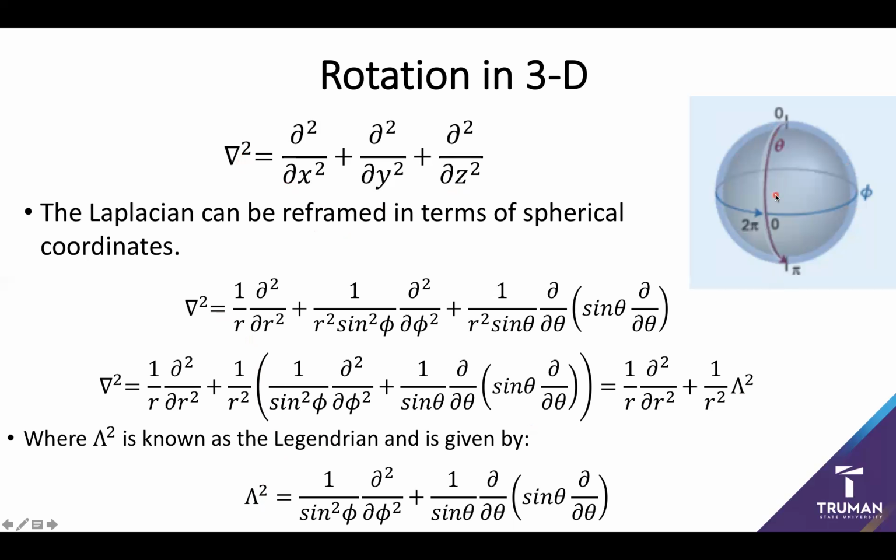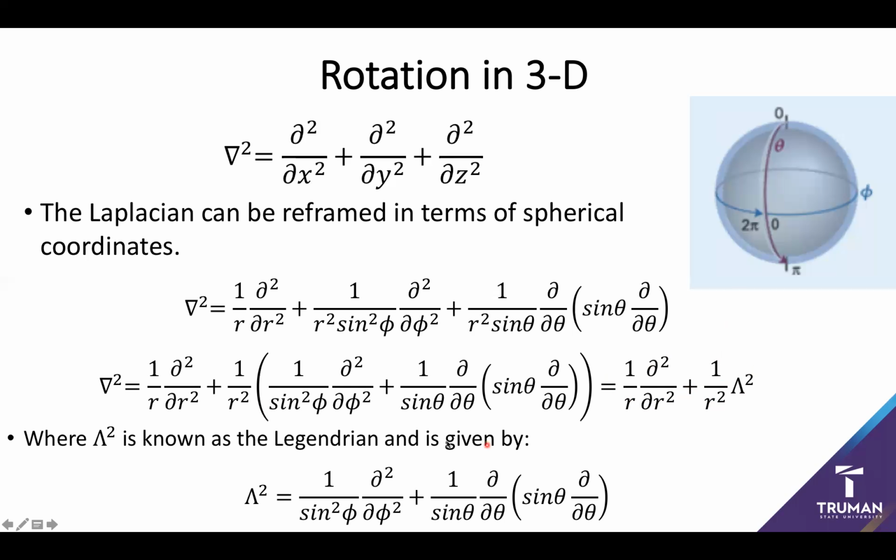So if you're looking at changes in angular motion, angular kinetic energy, the Legendrian is really going to be where it's at. However, it is worth noting to turn it into a Laplacian, we do introduce this prefactor of 1 over r squared, and we also have to add in our radial second derivative.